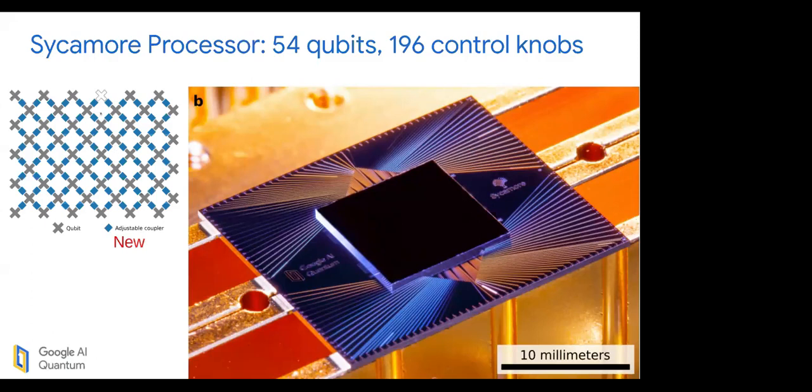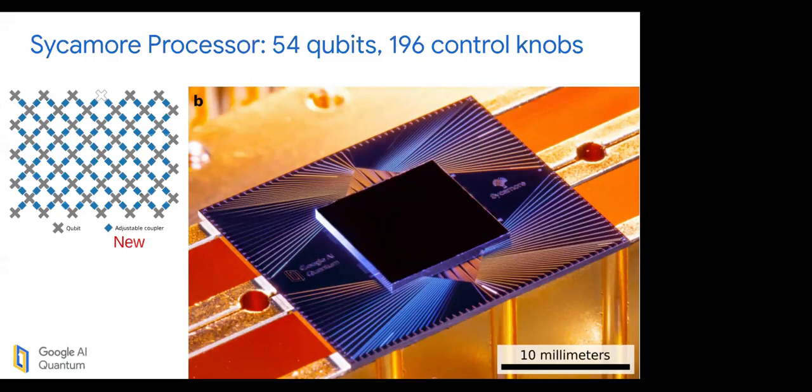So in the figure on the left, the gray crosses are our qubits. They're superconducting qubits, versions of transmons. And the blue squares are the couplers. And the couplers have a control knob themselves, so you can turn them off.